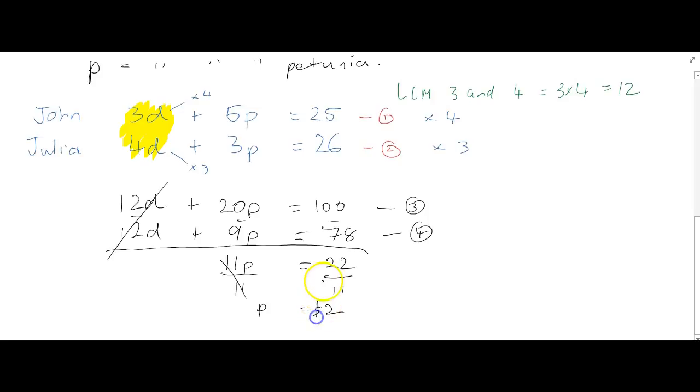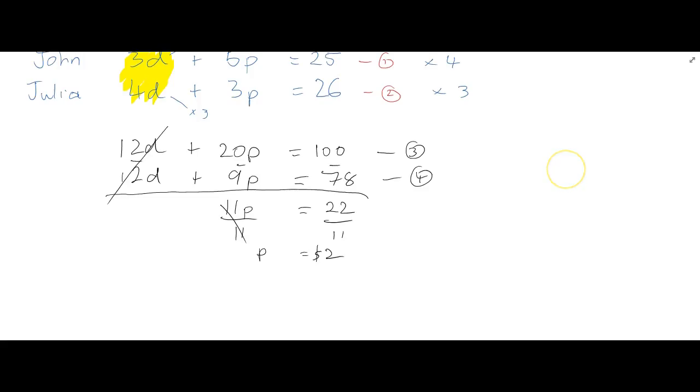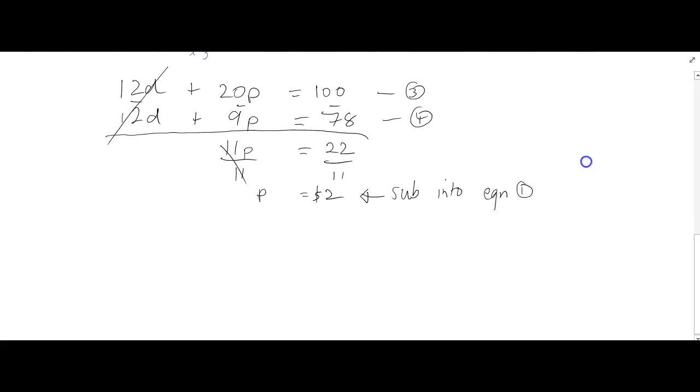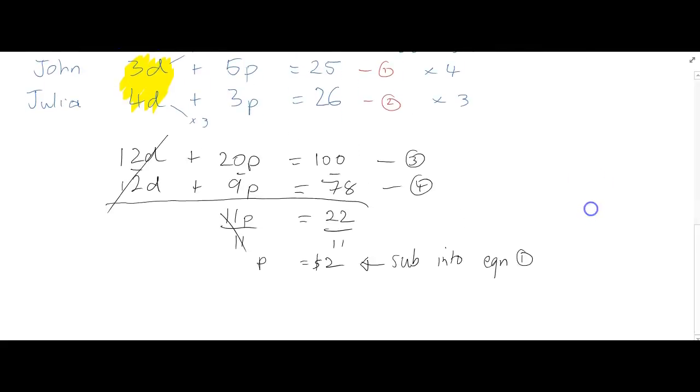It's a dollar amount in this. So to find daffodils, sub back into any of these equations. Equation 1 or 2 is probably easier. Equation 1, and to find D: 3D plus 5 times 2 is 25.